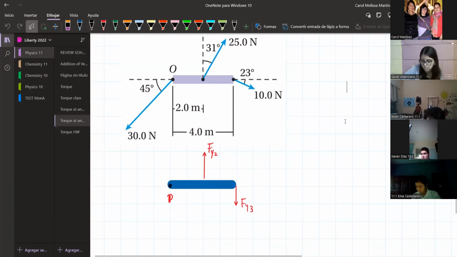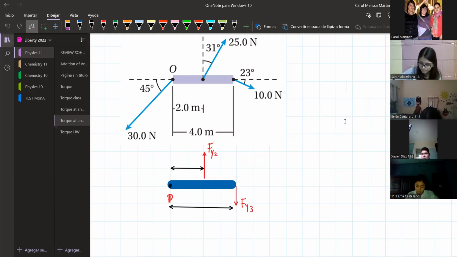Okay, because it is a free body diagram, I also have to include the distances, the lever arm. So I'm gonna have two lever arms, one to the force number 2 and the other to the force number 3.